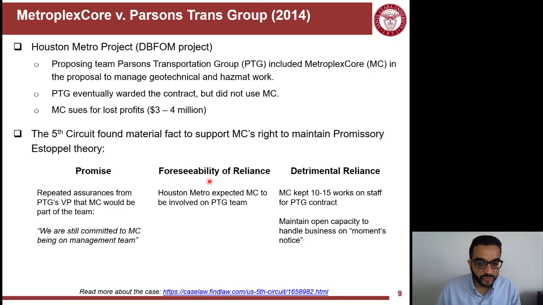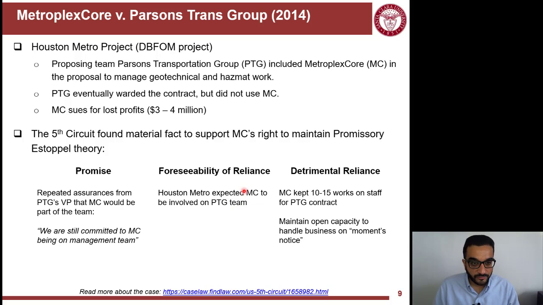Also foreseeability of reliance, and the point here is that the dependence is not like Houston Metro would still need to approve the involvement of Metroplex Core into the team. Already they know that MC will involve Metroplex Core into the project team.